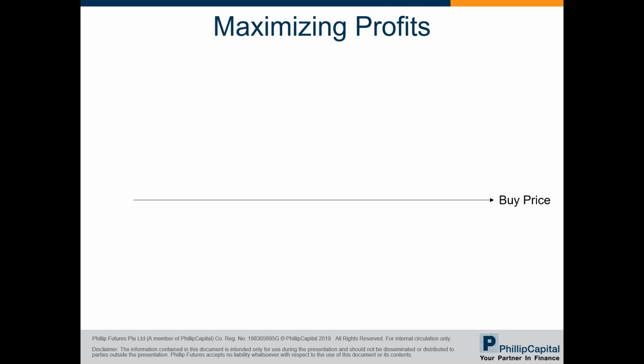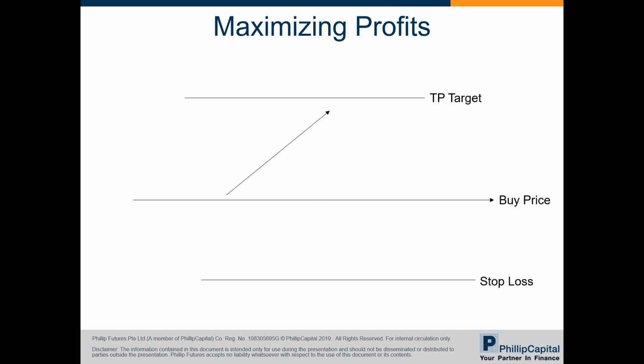So here is another strategy to maximize your profits. Same example: you enter the market at a buy price, you put your TP target and your stop loss, and you see the price going up in your favor, and you are happy. The first step is to incorporate the previous strategy and move your stop loss up.